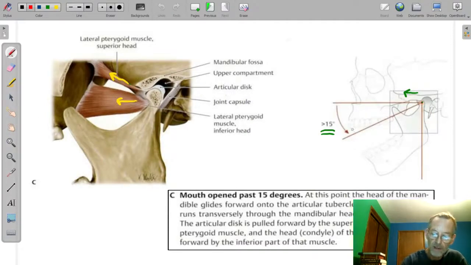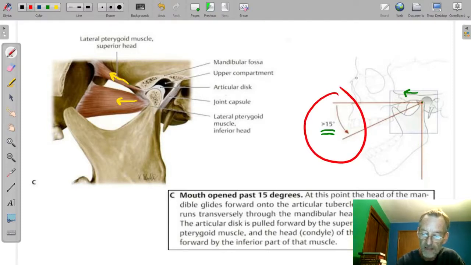So now we have opened it greater than 15 degrees. So there's our axis, or our planes of movement. And the condyle of the mandible has moved forward.